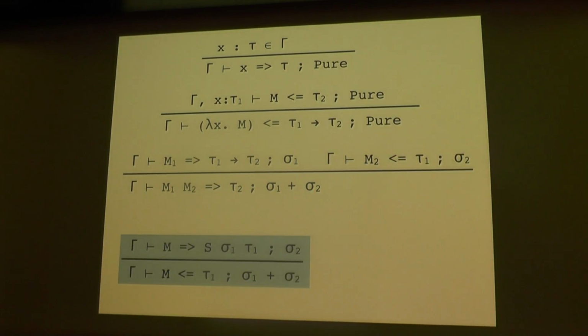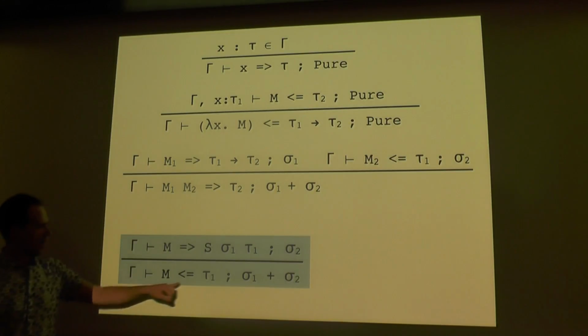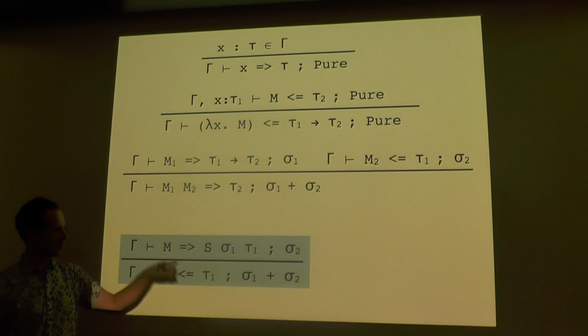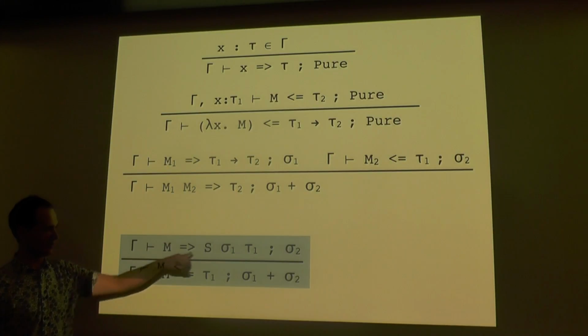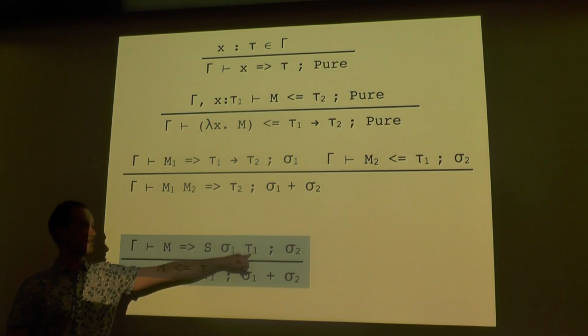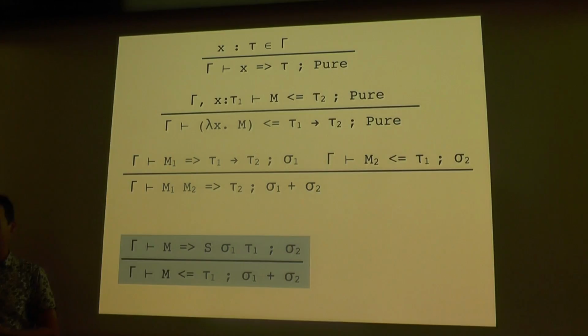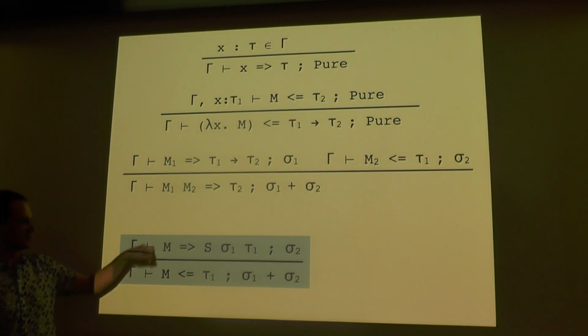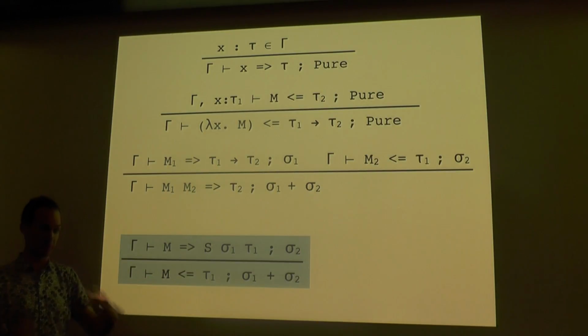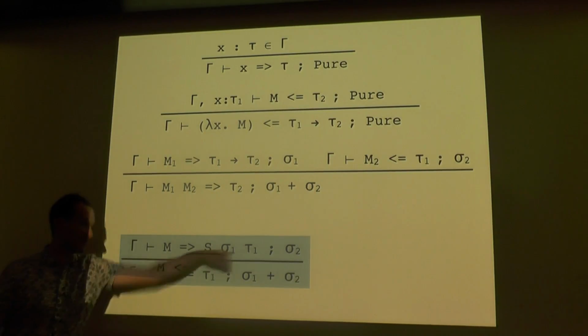But you can also hook other things onto it. So here we go. I want to check that my expression has type tau1, but I infer that the expression is a suspended computation, which is going to do some stuff, and then give me a tau1. That's okay, because I can always run the suspended computation to actually perform the computation, and then I have a tau1.